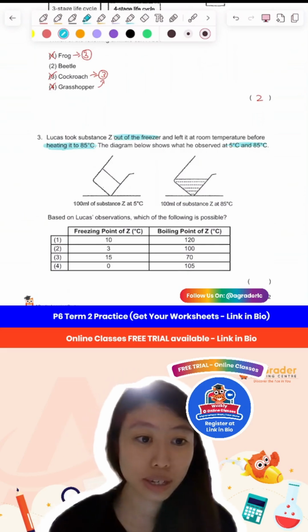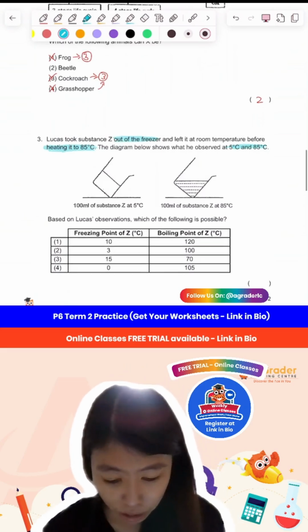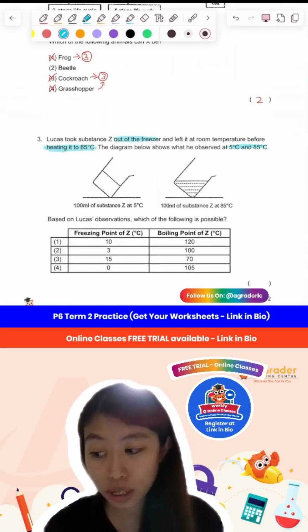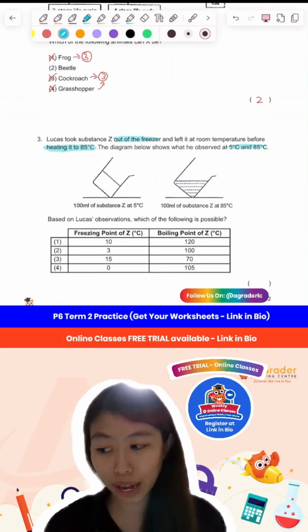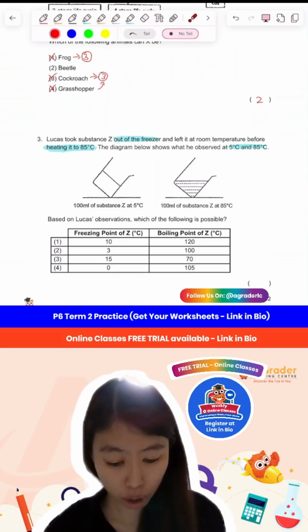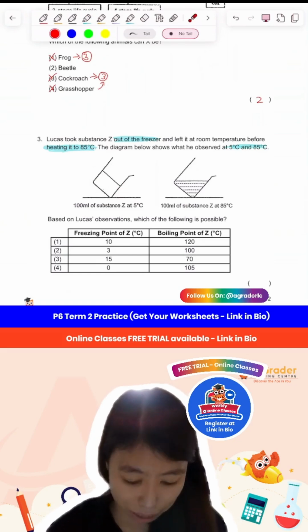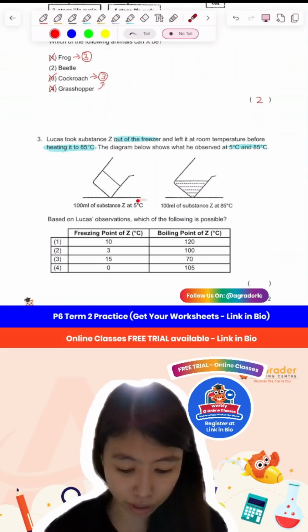Based on Lucas' observation, which of the following is possible? You need to look at the substance here first. Can anyone tell me what state you think substance Z is at 5 degrees Celsius?